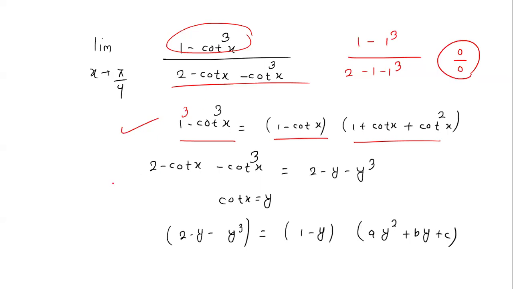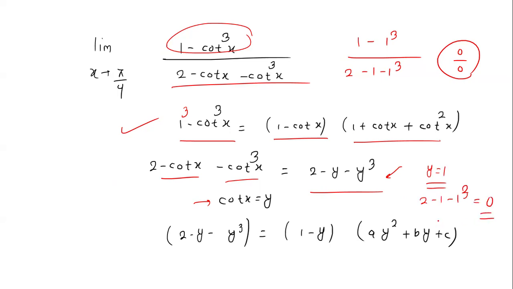In the denominator, we have 2 minus cot x minus (cot x) whole cube. Let's assume cot x is equal to y. So we can replace cot x by y, and if you put y equal to 1 in this, you can see 2 minus 1 minus 1 cube will give us 0.